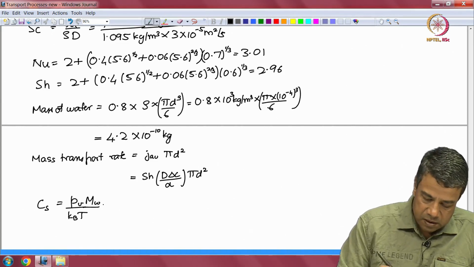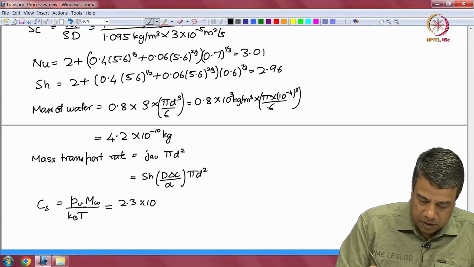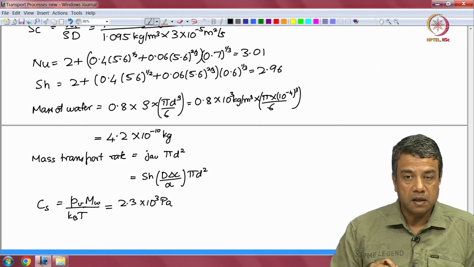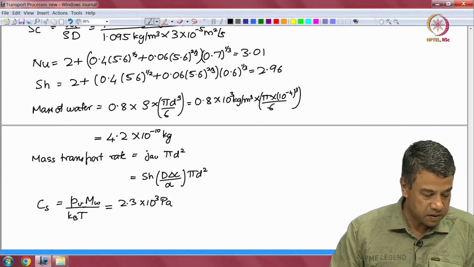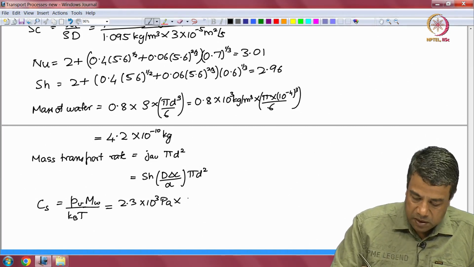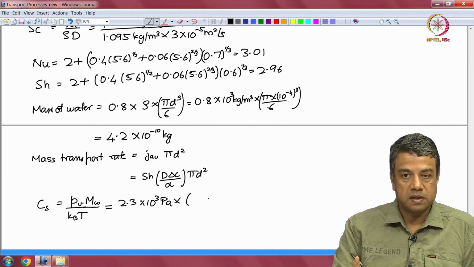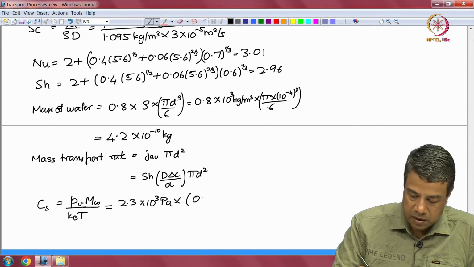So, this is equal to 2.3 into 10 power 3 Pascal. Note that everything has to be done in terms of SI units. You cannot use different units here. So, one has to be careful in using SI units. Into the mass of a molecule. Mass of 1 gram mole is 18 grams, which is 0.018 kilograms.